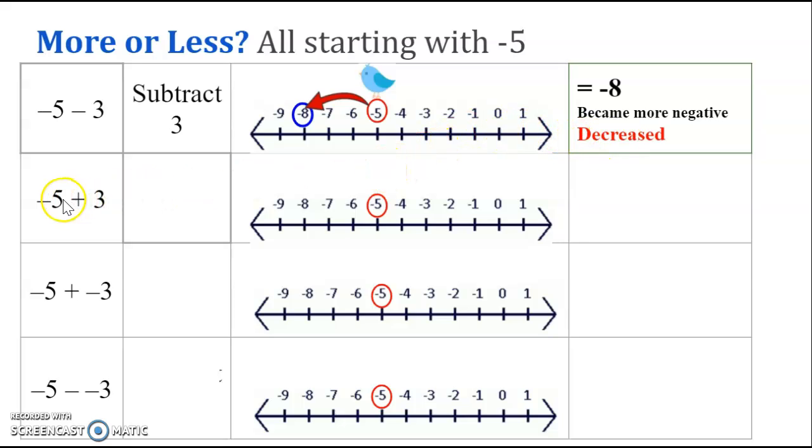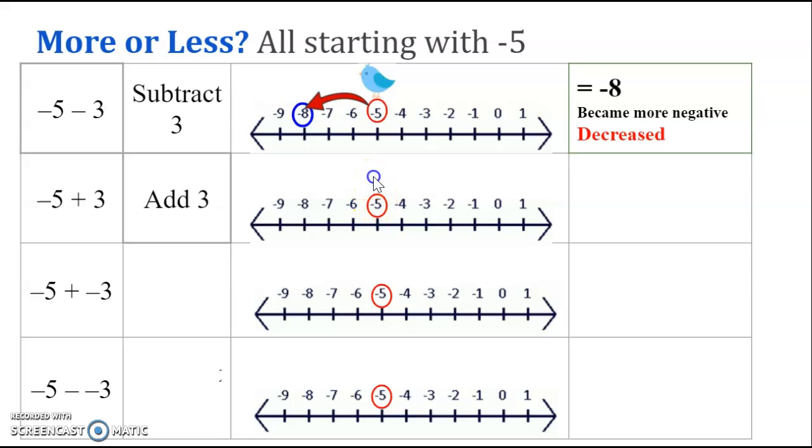Let's do -5 plus 3. What is being done to -5 here? Well, we're adding a positive number, +3. So in this case, when you add, the number is always going to get bigger, or become more positive.